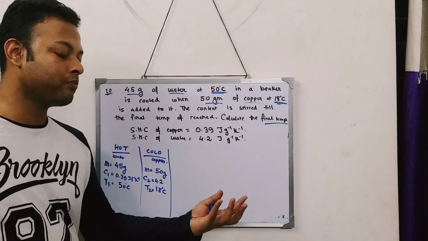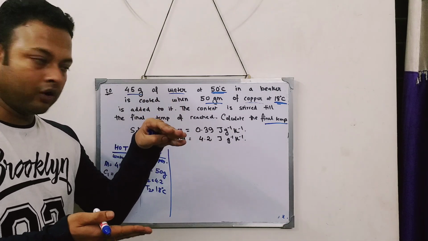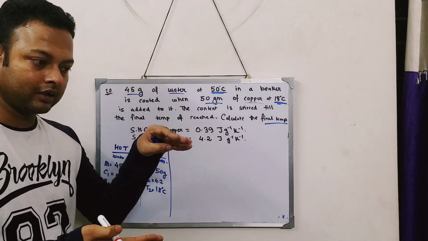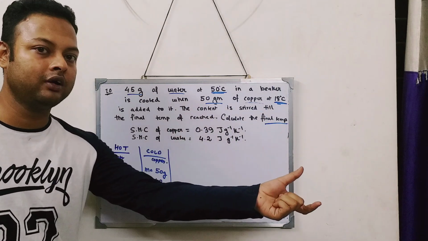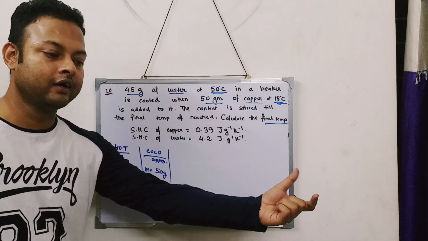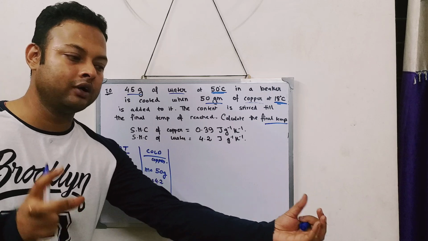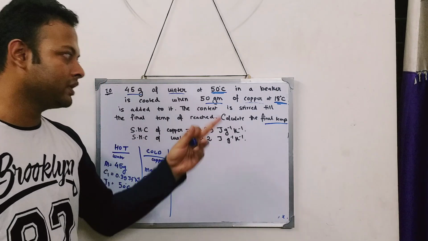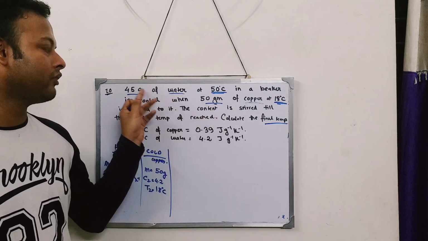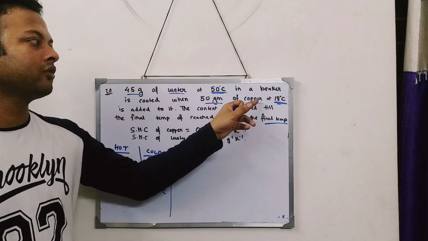So the question is what? You have water at 50 degrees centigrade and on the other side you have copper which is at 18 degrees centigrade. Now the hot water and the cold copper, you mix them. You add the hot body of 45 gram at 50 degrees centigrade and the cold body of copper at 18 degrees centigrade.